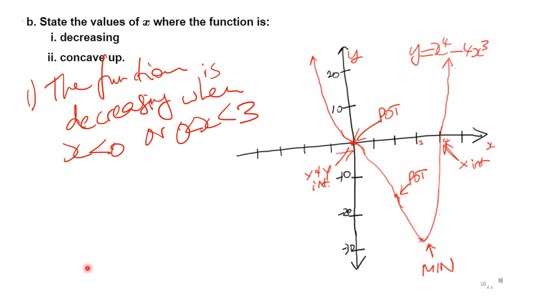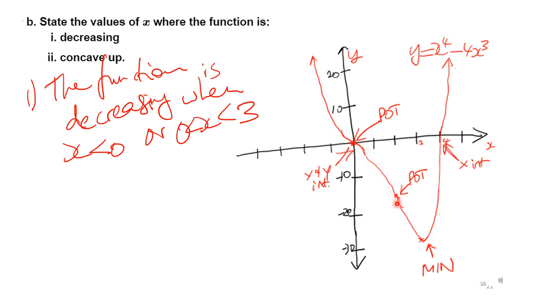Alright, part 2, let's look at where the function is concave up. Concave up, you should be able to see between here, before x equal to 0, this is concave up. Concave up means it goes like that. So this bit is concave up. This bit is concaving down.